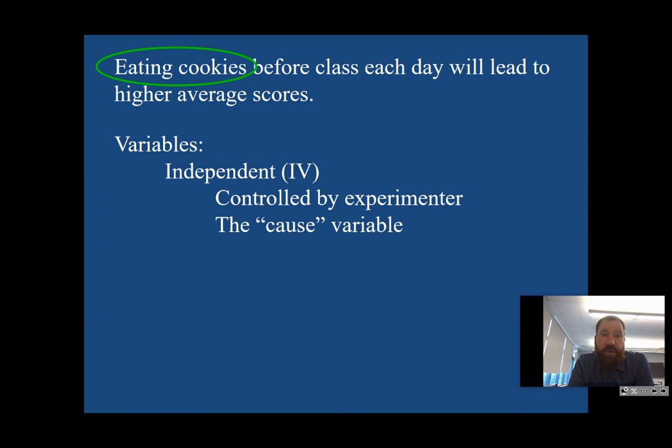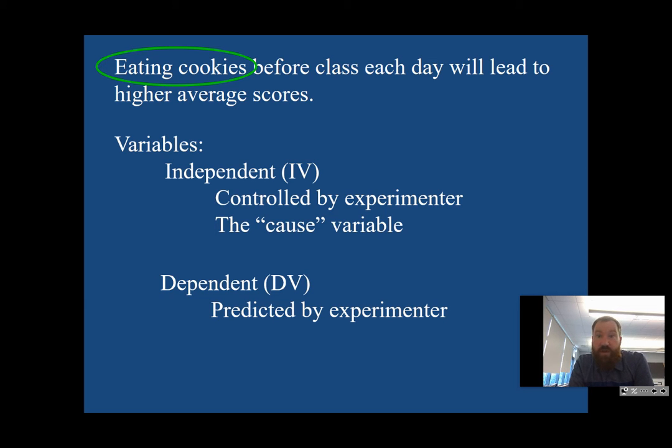It is because the independent variable, in this case the cookies, causes a change that we're trying to measure. The dependent variable is the one that is predicted by the experimenter. So instead of the one that is controlled, right? In control, I mean, the experimenter determines who gets a cookie and who doesn't, which then either causes a change or it doesn't.